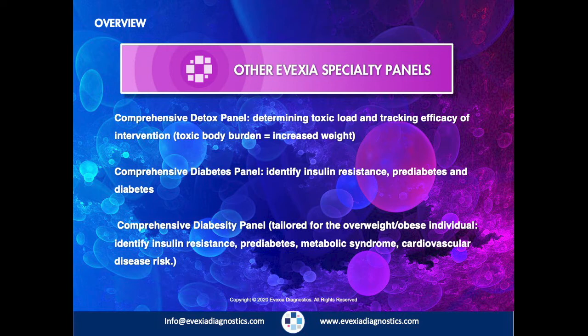Next is the Comprehensive Diabesity Panel. Now this panel is tailored for individuals that are overweight or obese. The Evexia Diabesity Panel can help identify individuals with insulin resistance, prediabetes, metabolic syndrome, as well as cardiovascular disease risk.